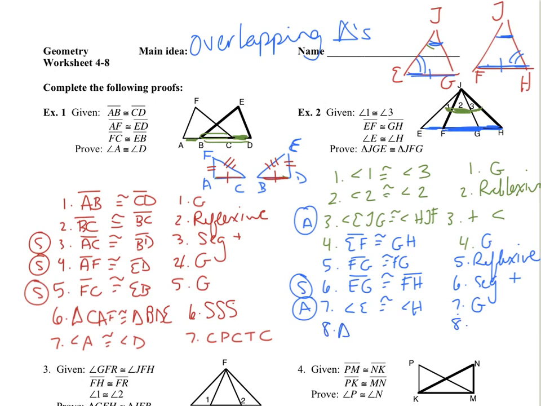So triangle GEJ is congruent to triangle, and you have to make sure they match up now. So if I started with G over here, and I went to E and then J, I have to start with F and go to H and J. So F, H, J. And that's congruent by angle, angle, side.